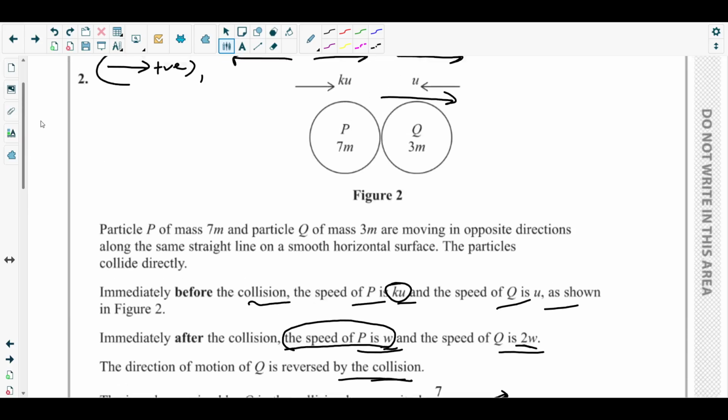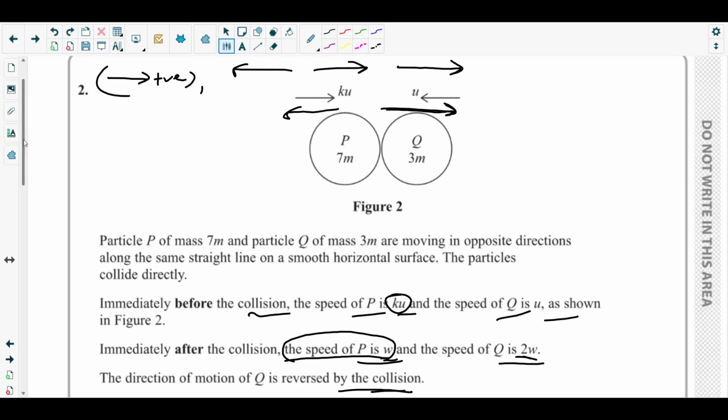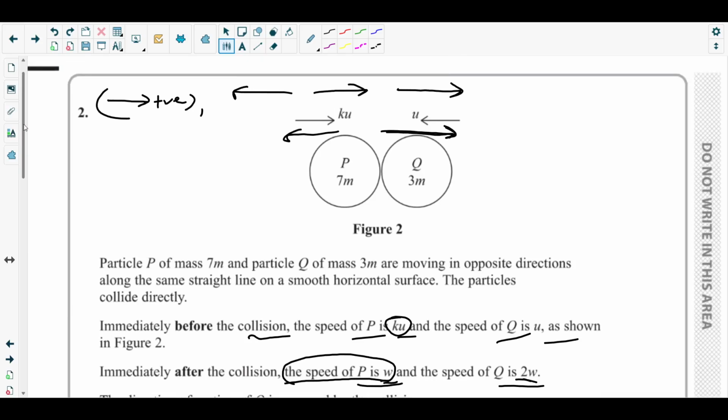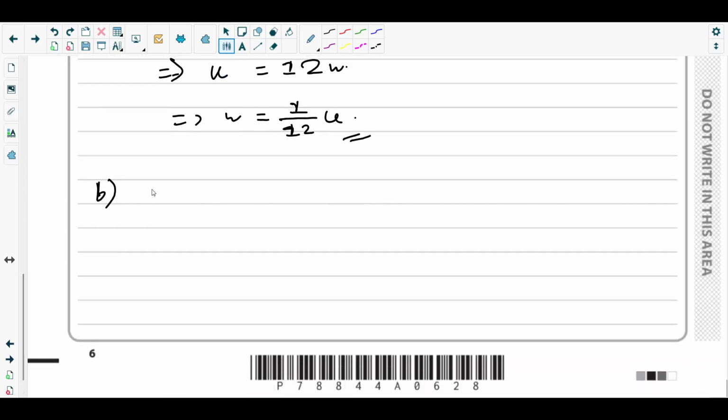So the impulse, the change in momentum that happened to particle q in the collision, is the same as the change in momentum that will occur for particle p in the collision. Okay, but the direction will be just opposite. That means it will be in the negative direction, to the left. Okay, so we will take to the right as positive.